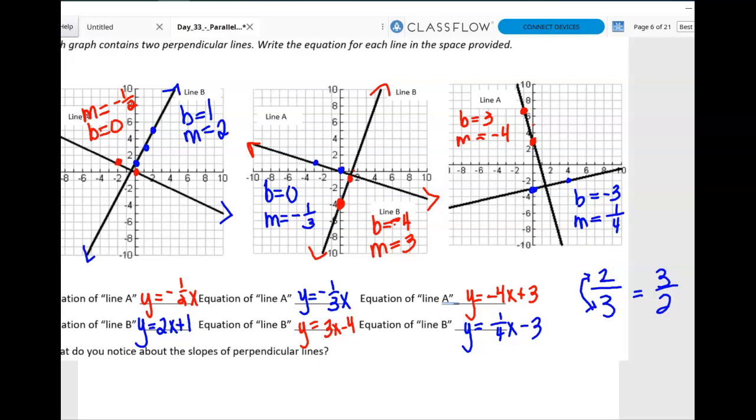So the slopes of perpendicular lines are not only opposites, like -1/4 and +4/1, but they're reciprocals. If you multiplied them together, they would always equal -1. The slopes of perpendicular lines are opposite or negative reciprocals.